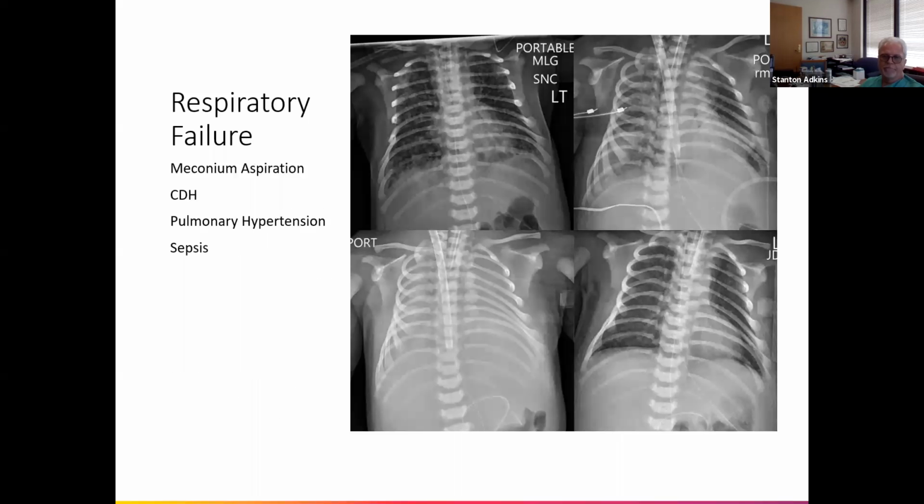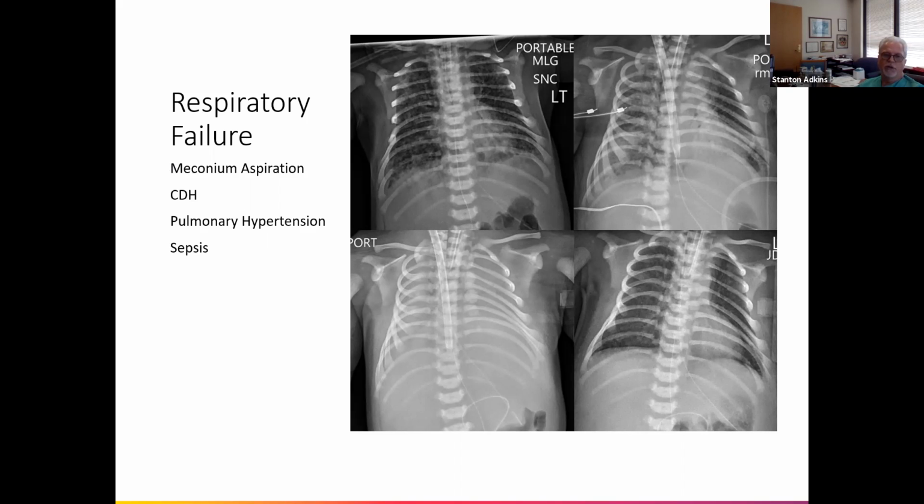Okay. This is a typical situation. We can have meconium aspiration, used to be the most common reason for needing ECMO. That was 80–90% of the ECMO requirement back in 1985.